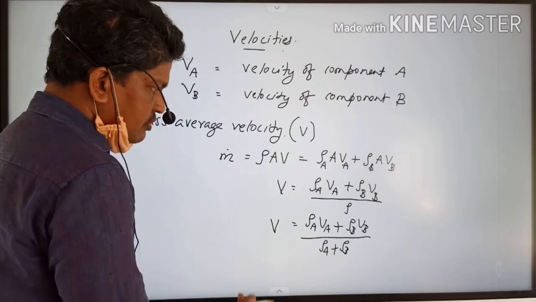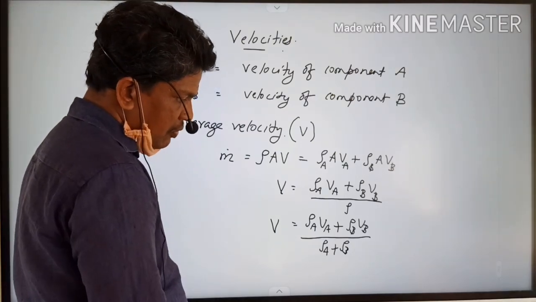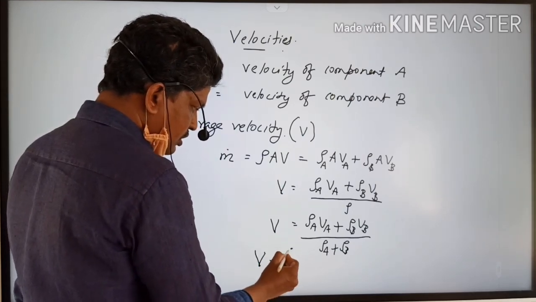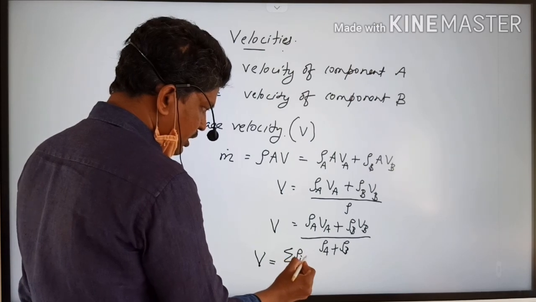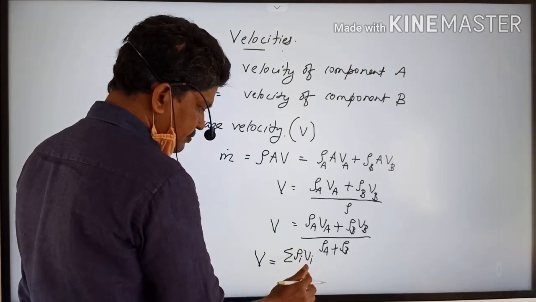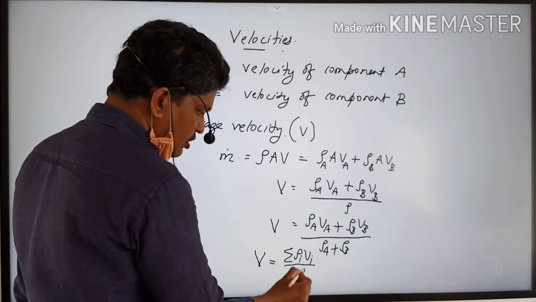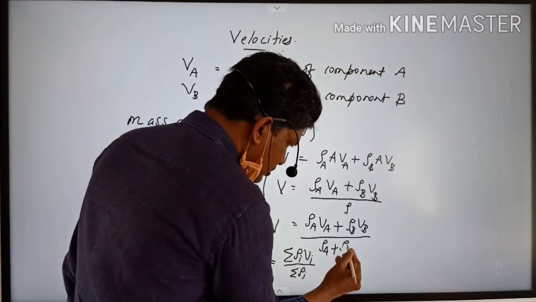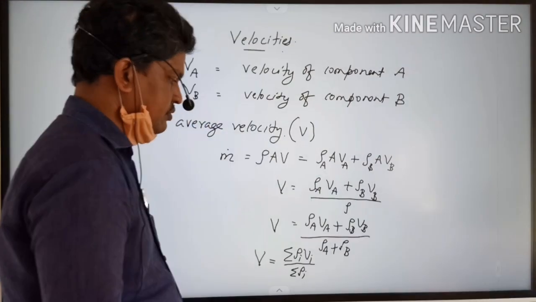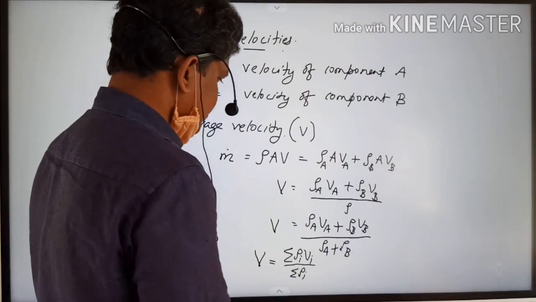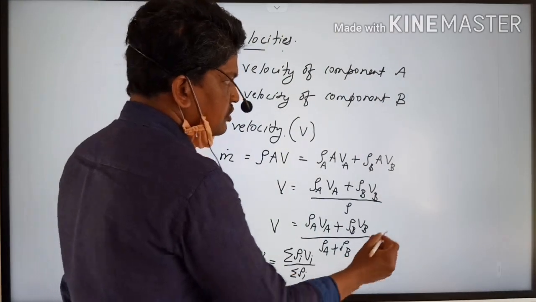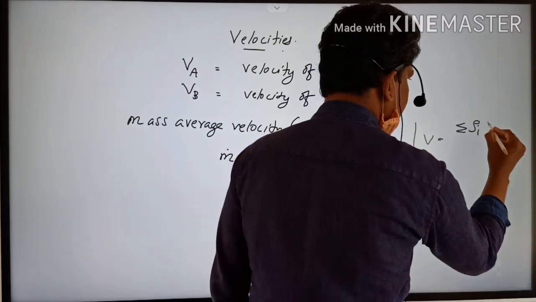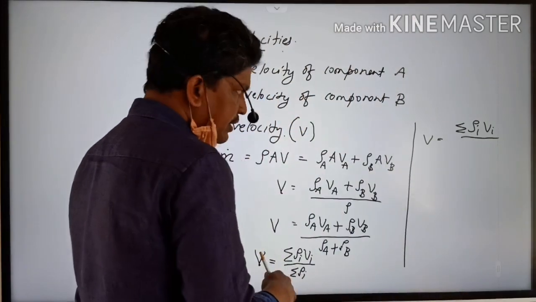In general, if the mixture consists of more than two components, we can write the mass average velocity in summation form as sigma rho i vi divided by sigma rho i.